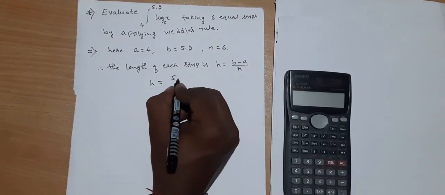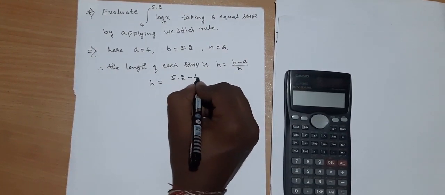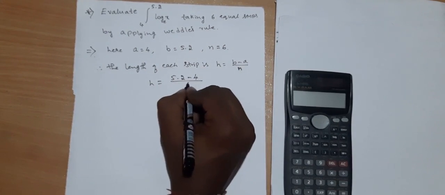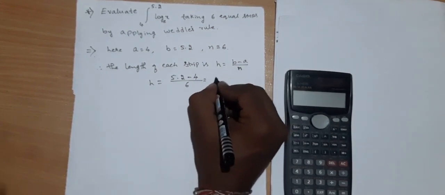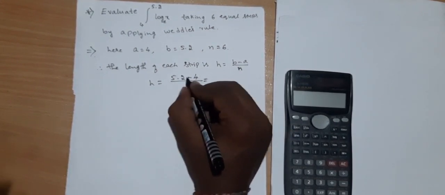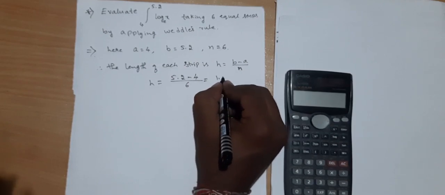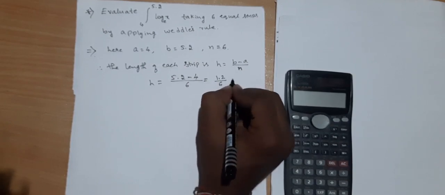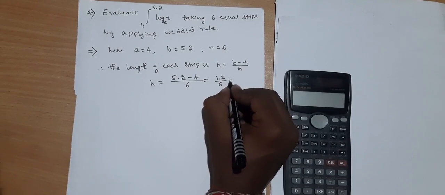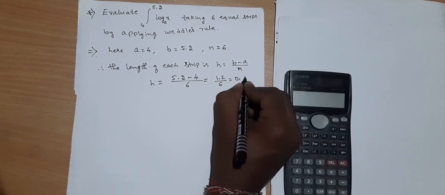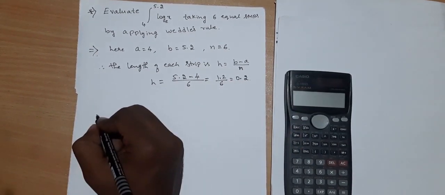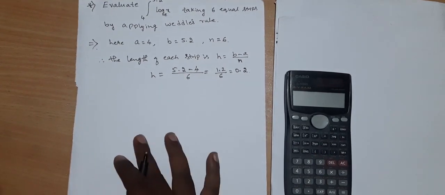B value is 5.2 minus a value is 4 divided by n is 6. So you will get 1.2 divided by 6, so we'll get 0.2. H equals 0.2 will get.